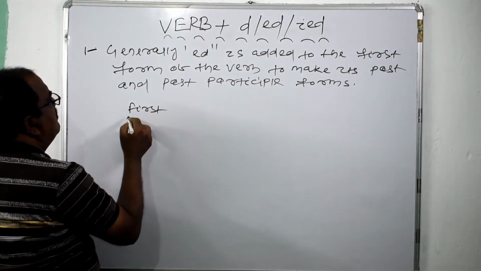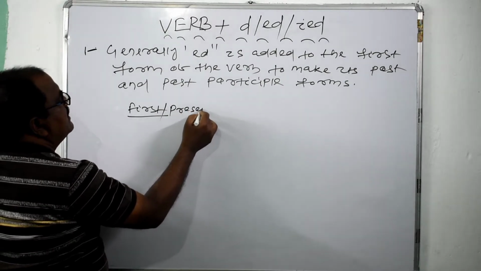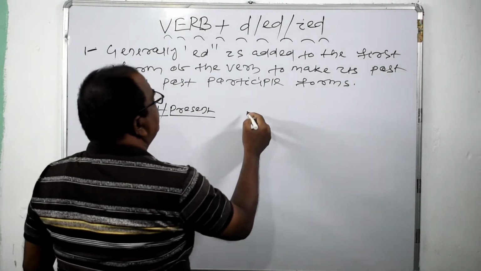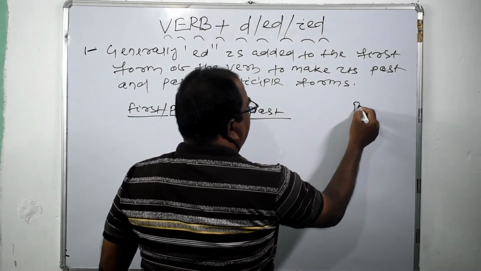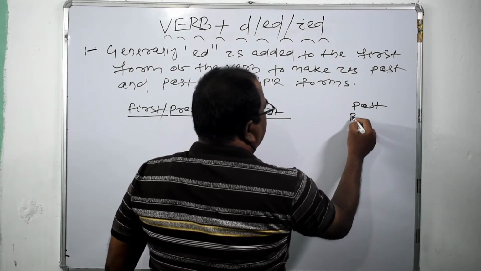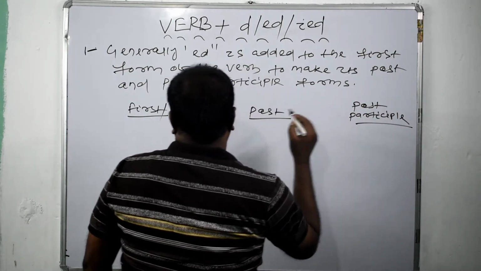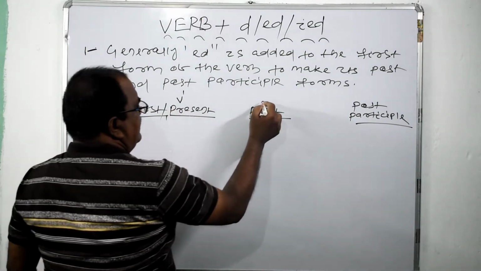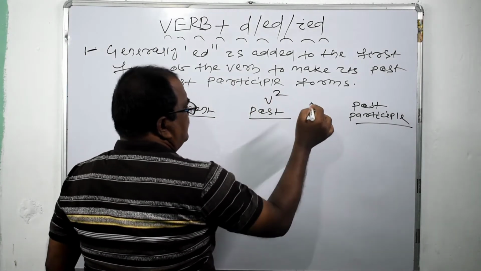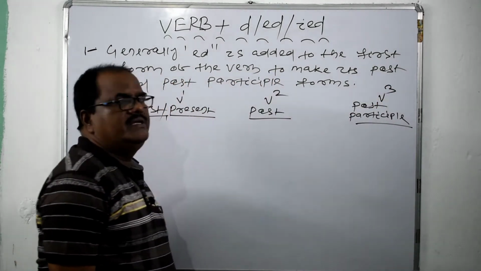The first form is known as present. This present form is known as V1, past is known as V2, and past participle is known as V3.